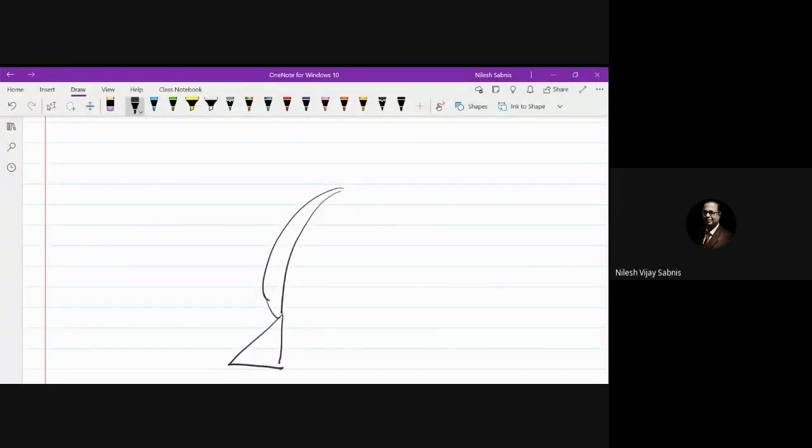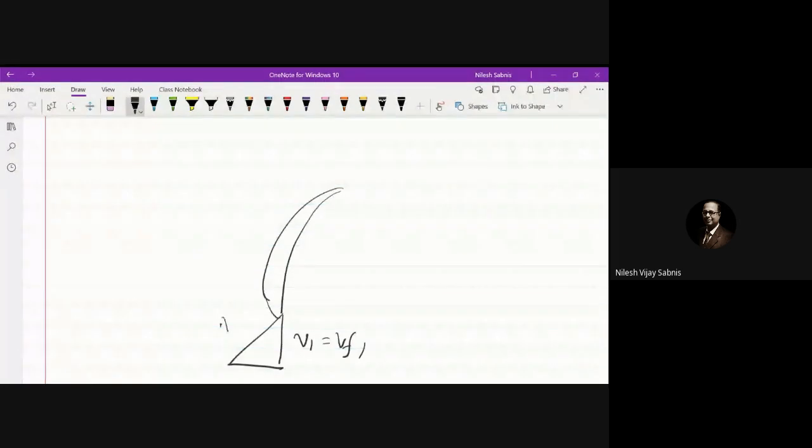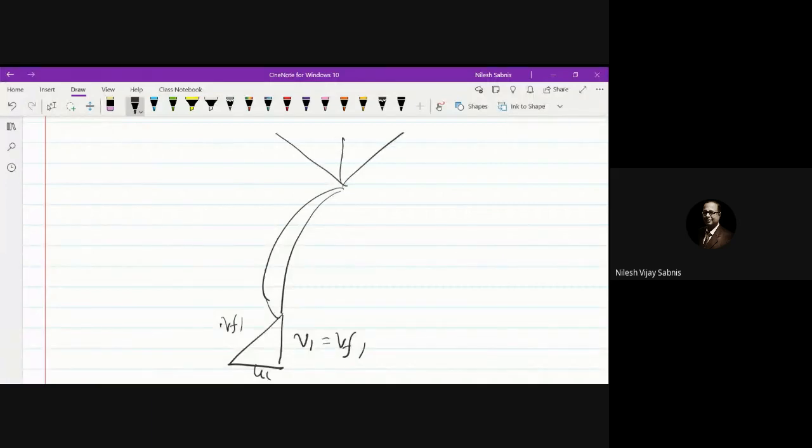So here V1 is here, and it is equal to VF1. This is VF1, this is U1, and here is the outlet velocity triangle, where VR2, VF2, U2, VW2, and U2 is nothing but the total.